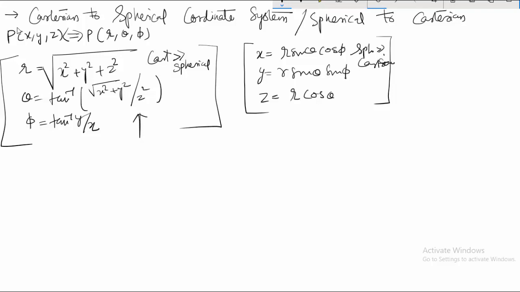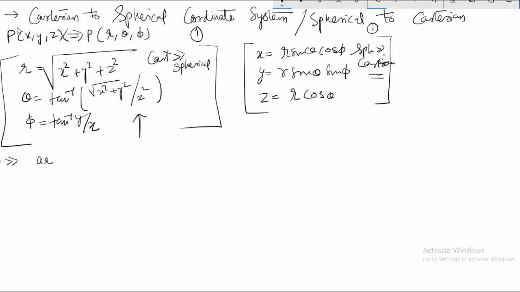So that is the first step. The next important series of equations is how you can represent the unit vectors.